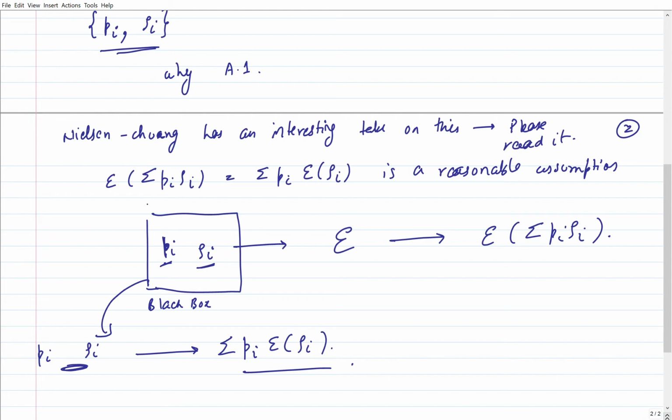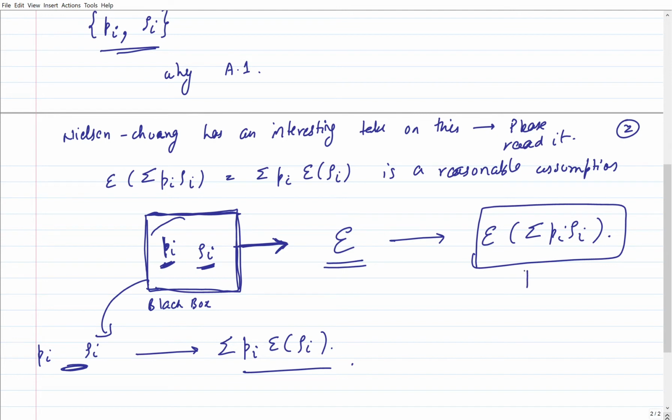So over here, I have just told you that this is the black box, and I am going to give you one of the consequent states with probability p_i. And after a long time, let's say I keep on doing this, some sort of an ensemble interpretation. So this is the final state you're going to assign to the system after the quantum operation has been applied. Over here, what we jointly can do is do this many times, but each time we flip a coin, let's say a six-sided dice if there are 6 rho i's.